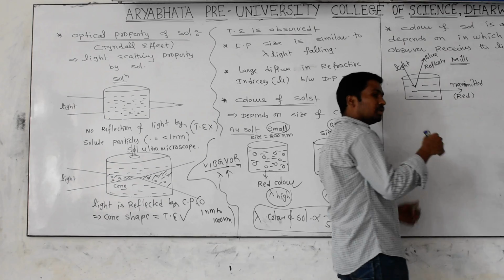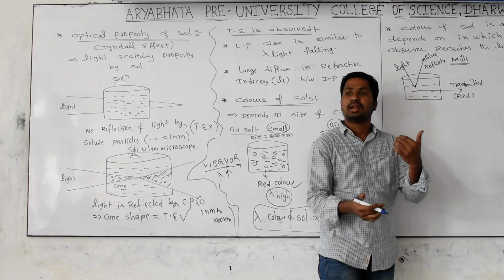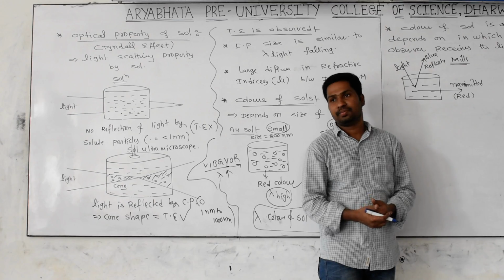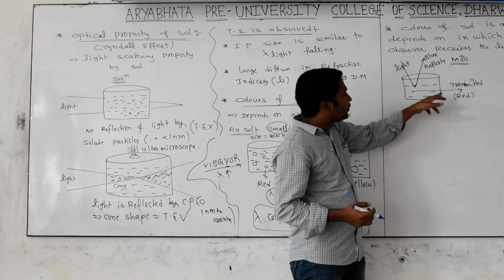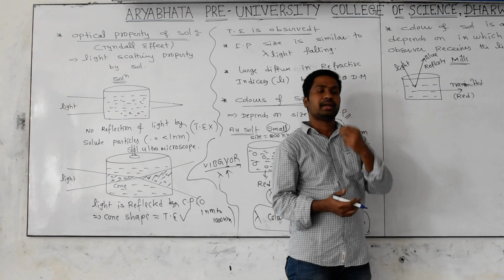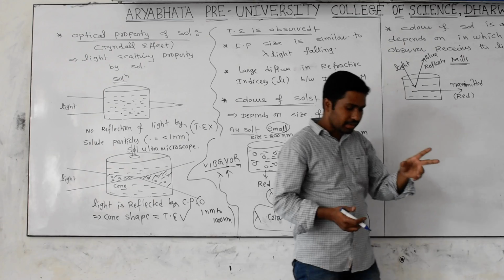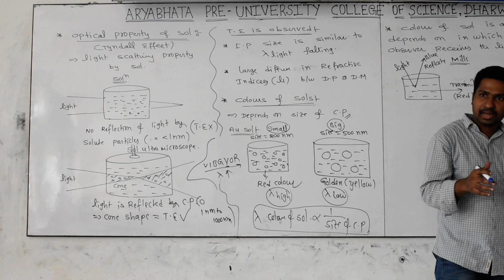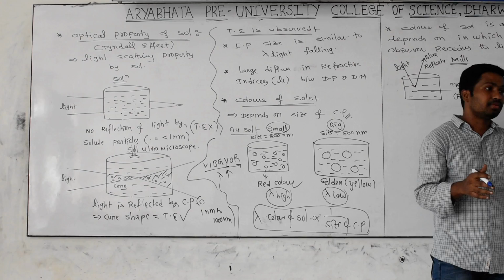So the same sol, particle size and everything the same, even though the color of the sol changes by the direction from which we observe it. In reflected light, we feel bluish milk, and if you see from the transmitted light direction, it appears a little bit red. Once you go home, check this and you can definitely observe it. So finally, the color of the sol depends upon the particle size of the colloids and also on the way we observe the sol.